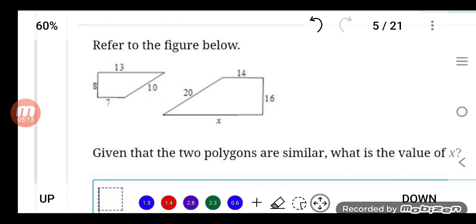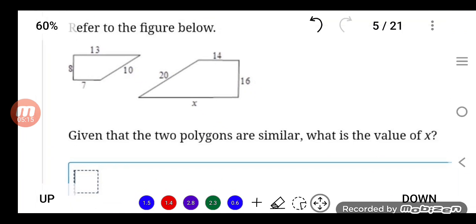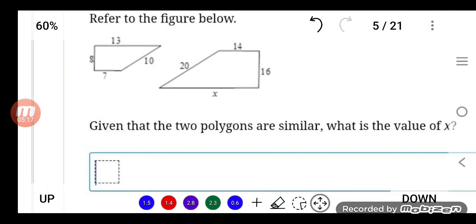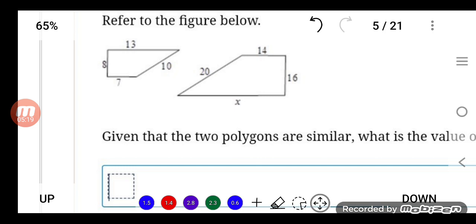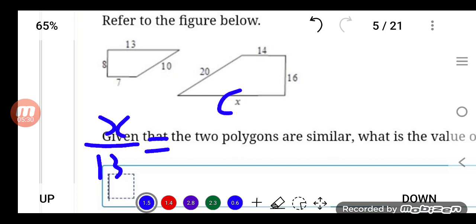Refer to the diagram, given that the two polygons are similar. What's the value of x? First of all, we write the ratio of similarity. So let's write x over 13, this over this, is equal to 20 over 10.